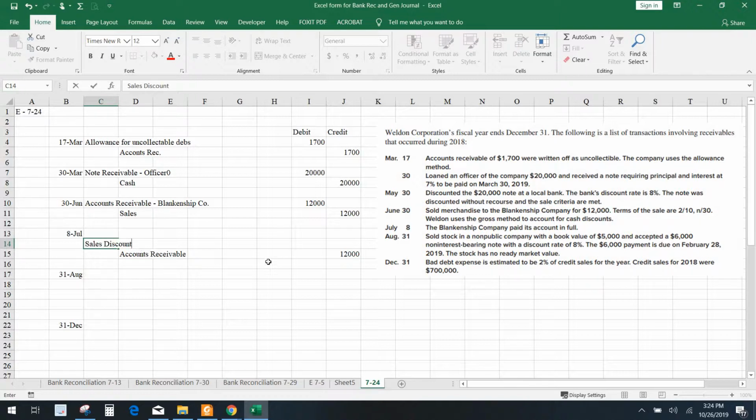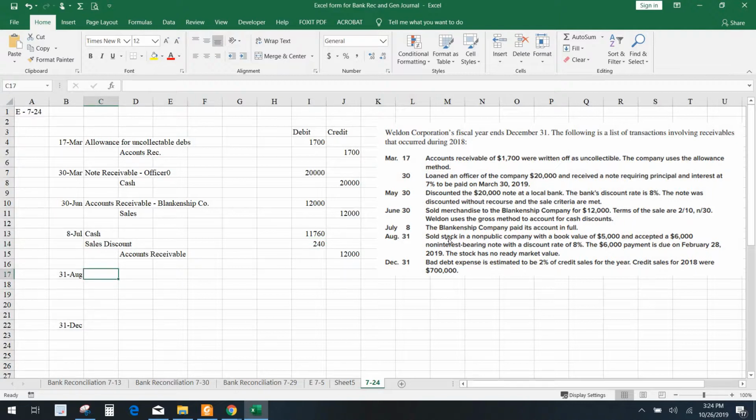That equals 2% of 12,000. And then we get cash for the remaining amount.